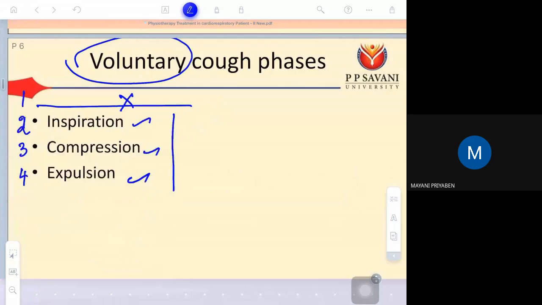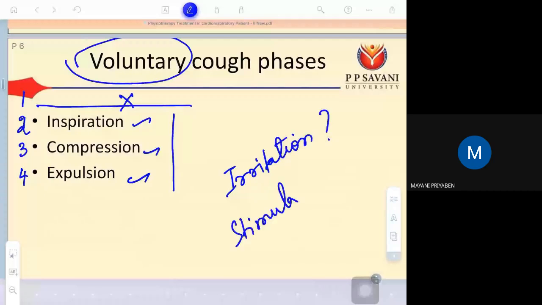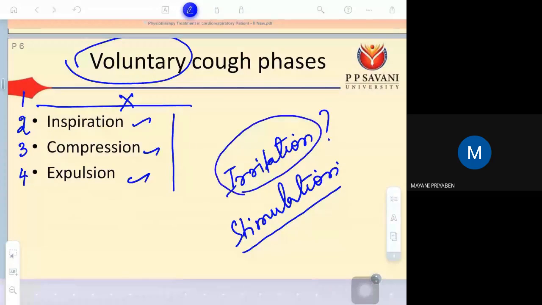The question is, what is irritation? Irritation is the stimulation given to the patient. There are many techniques for irritation. The therapist gives irritation to the upper airway to initiate the cough.